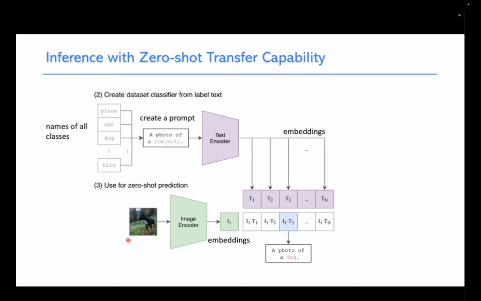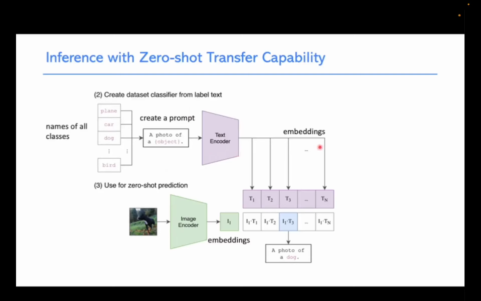What should we do? We can list down the names of all the classes, and we can create a prompt template, like a photo of a plane, a photo of a car, and a photo of a dog. We transform all those prompts or text descriptions through the text encoder we have trained to create the embeddings.